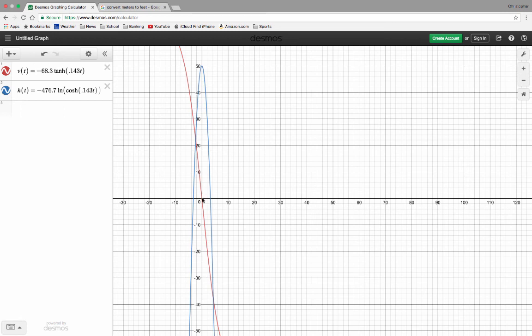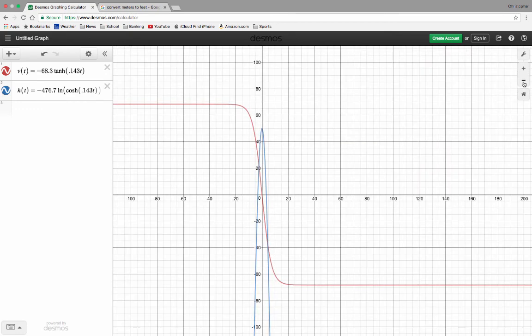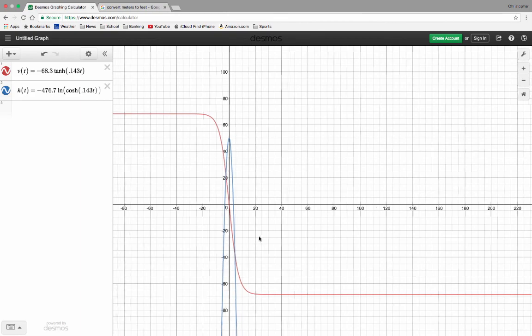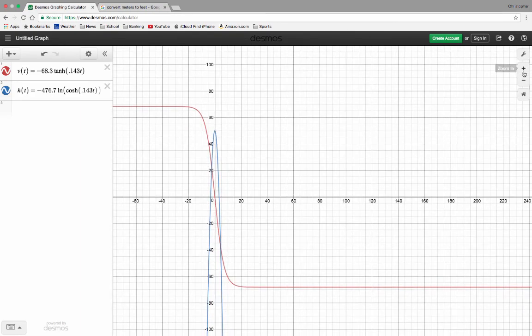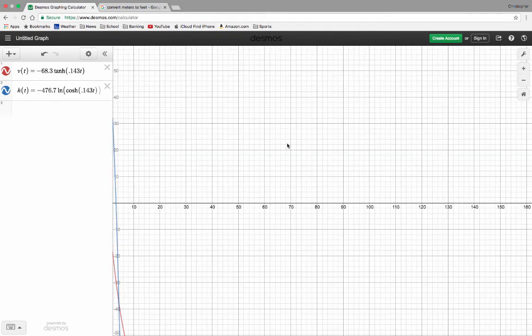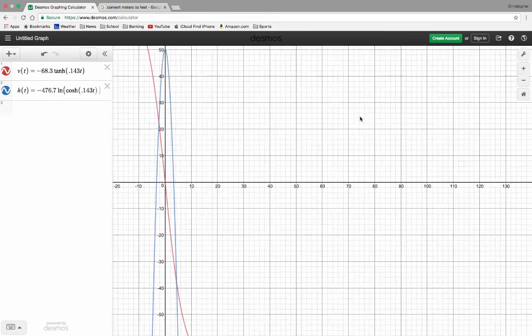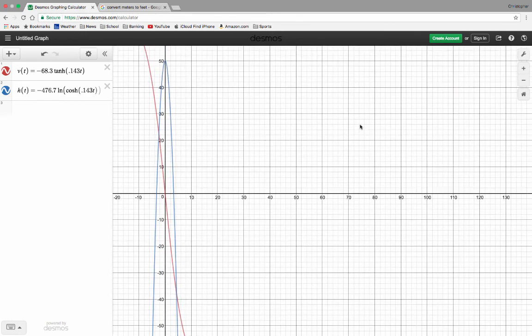The red curve is the velocity, the blue curve is the height, and I can see that it's falling faster and faster. Let's zoom out a little bit. Well, I can certainly see that by the time it hits the ground, it's still picking up velocity.